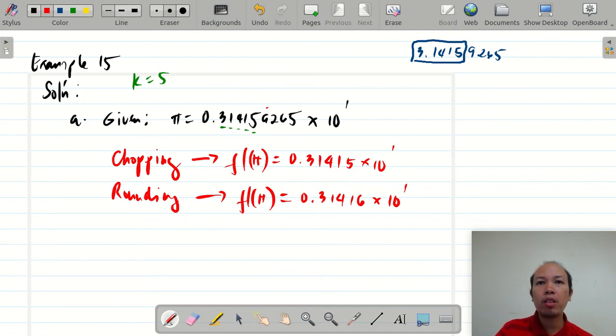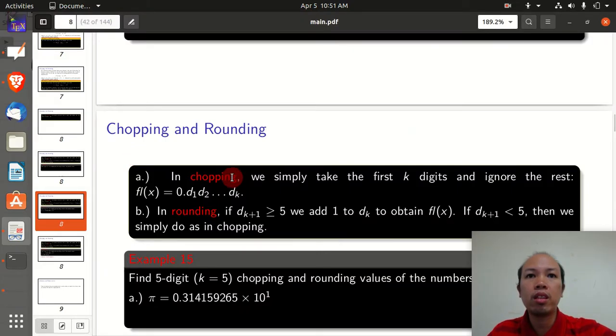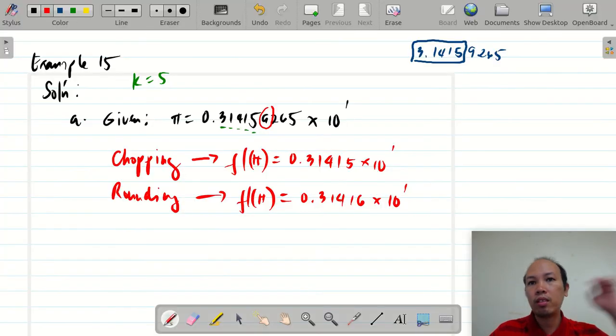As you have noticed, round to 5 decimal digits. So 9 is, as you can see in the definition, d sub k plus 1, which is greater than 5, so add 1. So this is the answer.